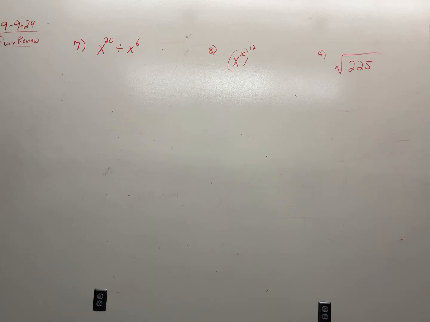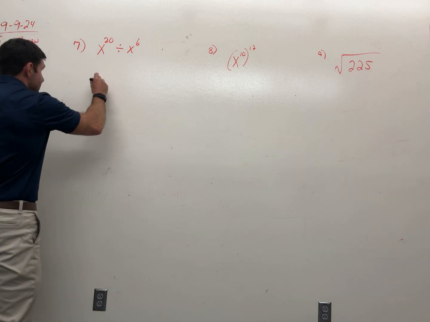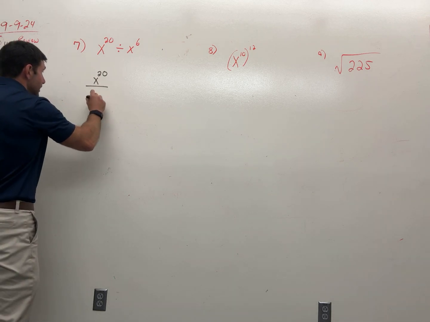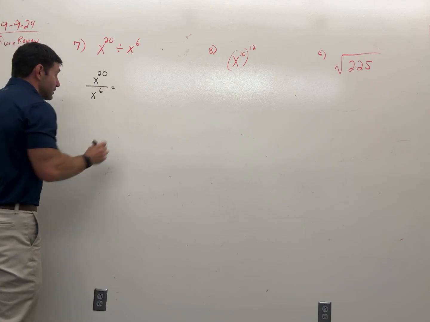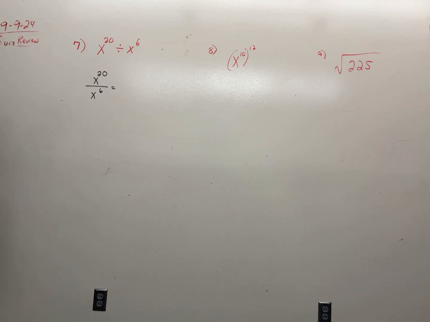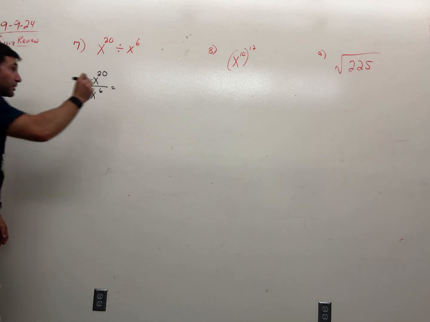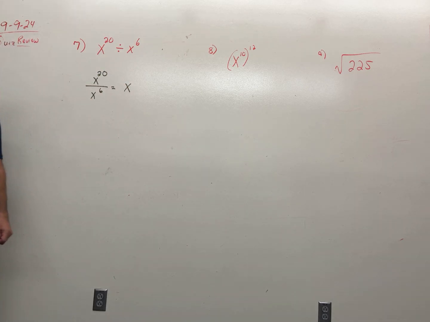Okay, number 7. The first thing we should do is rewrite it as a fraction. X to the 20th divided by x to the 6th. When we are dividing like bases, we keep the base and we do what with the exponents? Subtract.